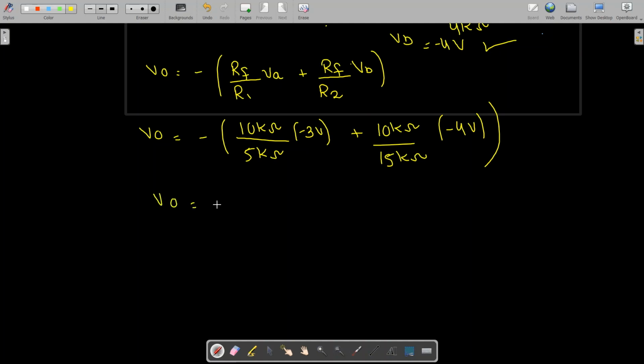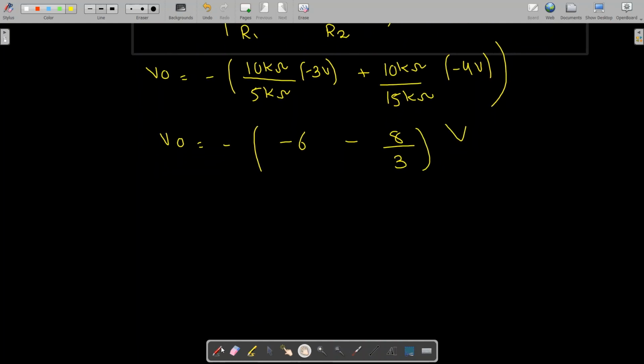Fine. Now I just need to simplify this to get the output voltage V naught. So we are going to have minus, this will be 2, so this will be minus into minus 6, and then we have this thing, so this is 2 by 3 multiplied by minus 4, so this will be minus 8 divided by 3, of course the voltage. So we need to take the LCM.